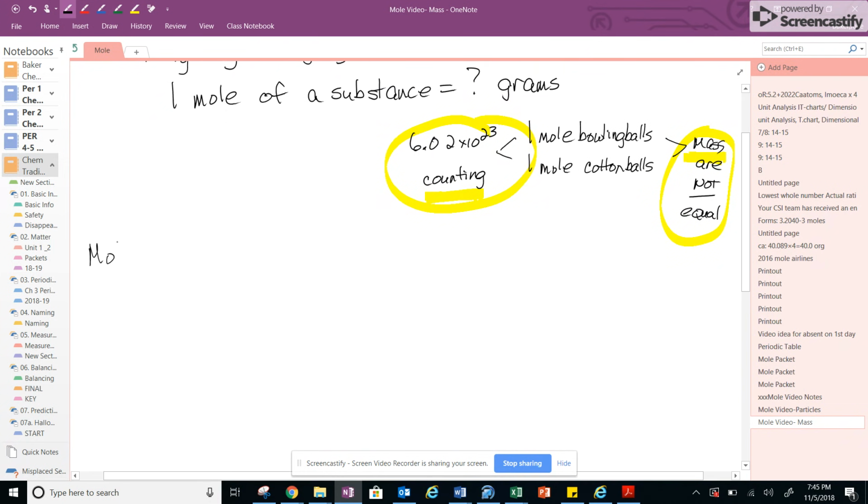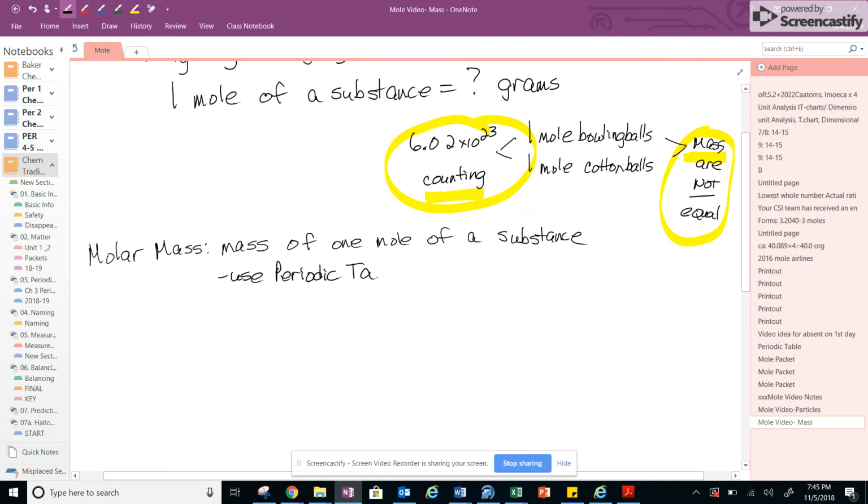First of all, let's get a definition. Molar mass, by definition, is the mass of 1 mole of a substance. To determine it, we are going to be using the periodic table, and specifically the atomic mass.